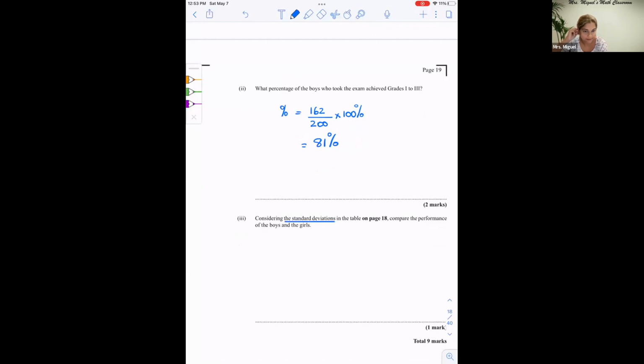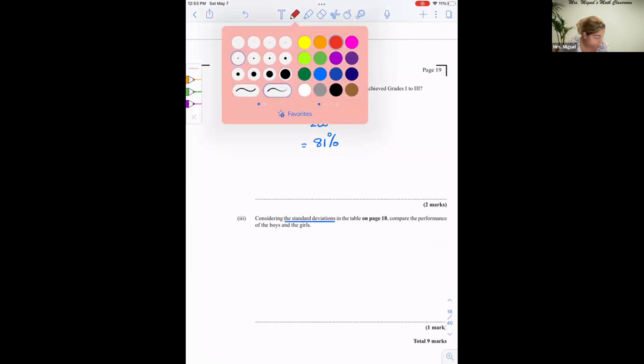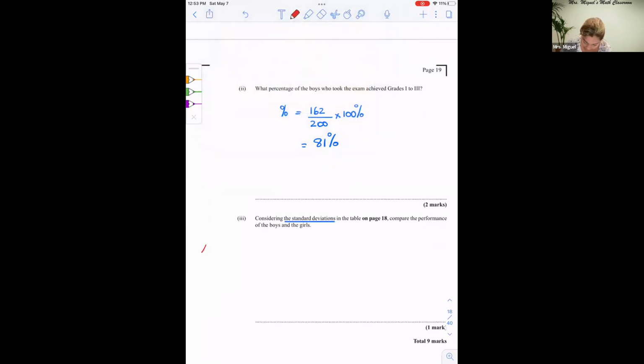Now, at this level, you are not expected to calculate the standard deviation, but you are expected to know what it means. So let's write this, and this is important. Number 1: a data set with a large standard deviation from the mean is widely spread.